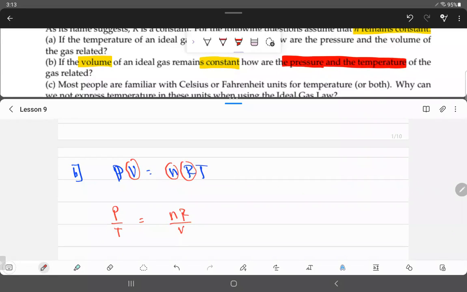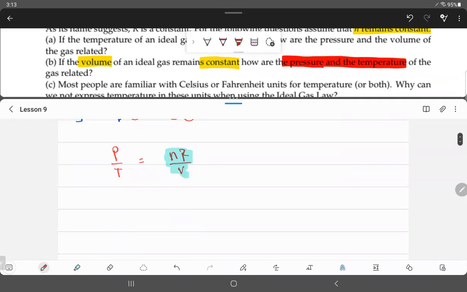Temperature is not constant anymore here. If you look at the right-hand side, all of them are constants. Constant times constant divided by constant gives the same constant all the way, so you can call it K if you'd like.